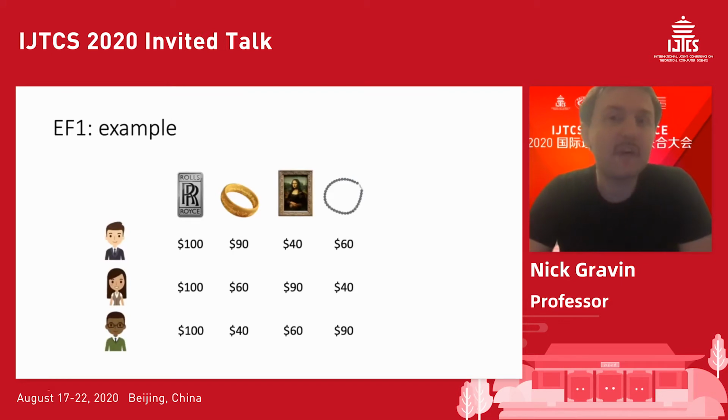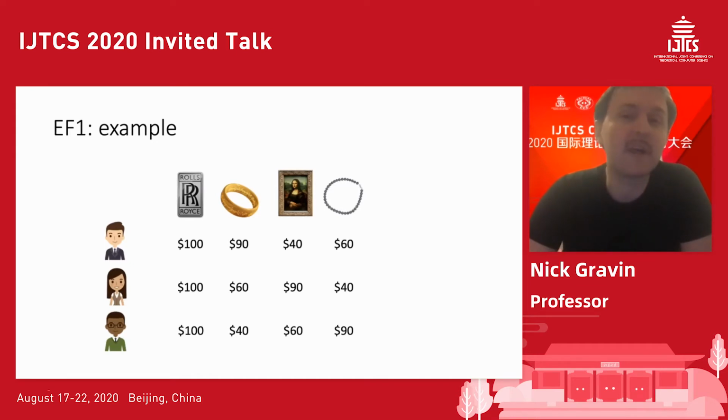So let's see on a specific example with values how those allocations may look. Let's say we have 3 agents and 4 items. Let's say there is one very valuable item, the Rolls-Royce, that everyone thinks is pretty good. So they all place the value of it at 100. And there are other items, 3 items that people have different preferences for.